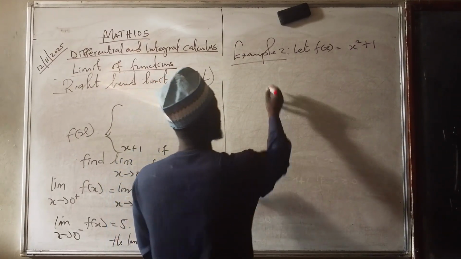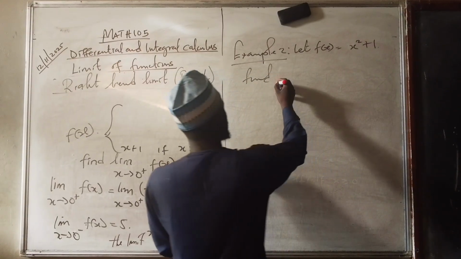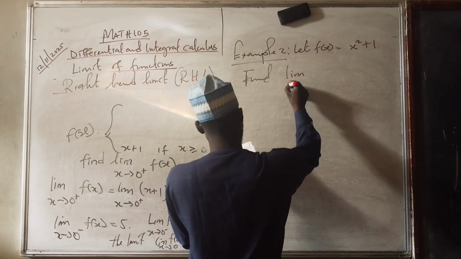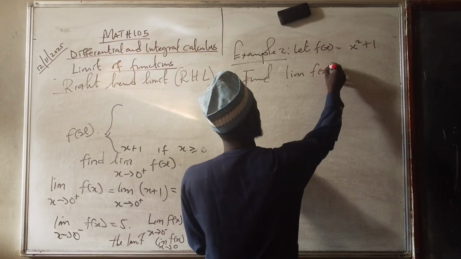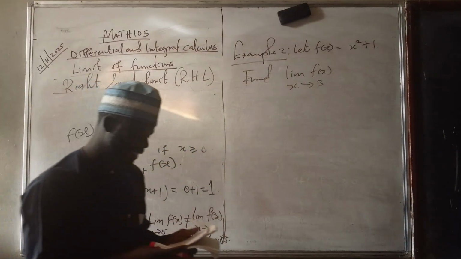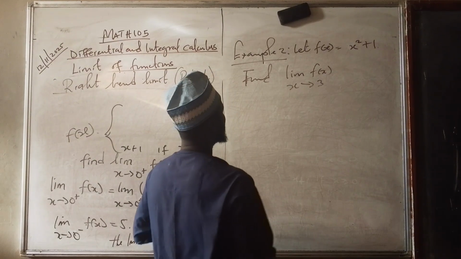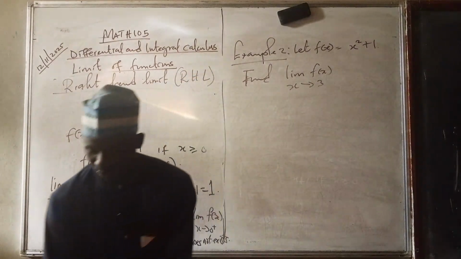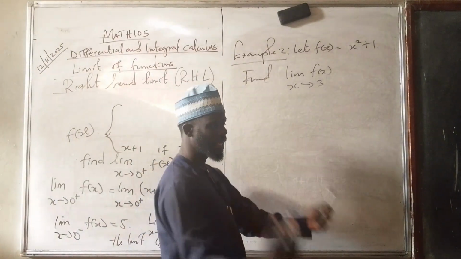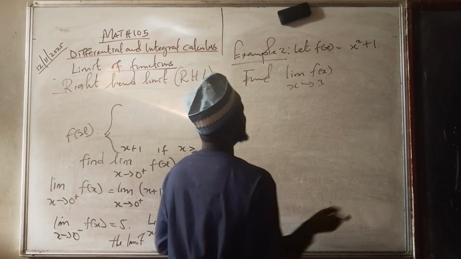We are asked to find the limit of f of x as x tends to 3. For us to find the limit, we have to find the left-hand limit and the right-hand limit, meaning we should find the two-sided limit of that function.